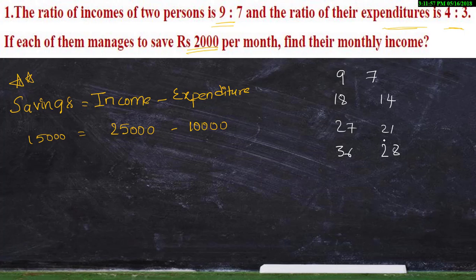So we cannot simply take the income as 9 or 7. It may be 9 or 7, 18 or 14, 27 or 21, 36 or 28.